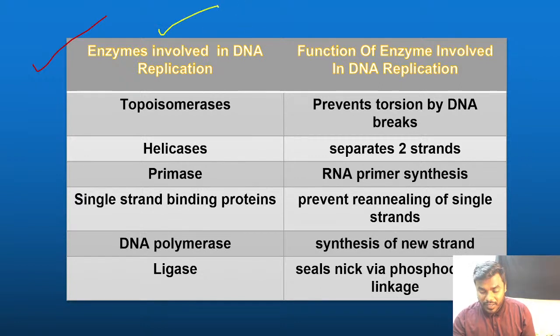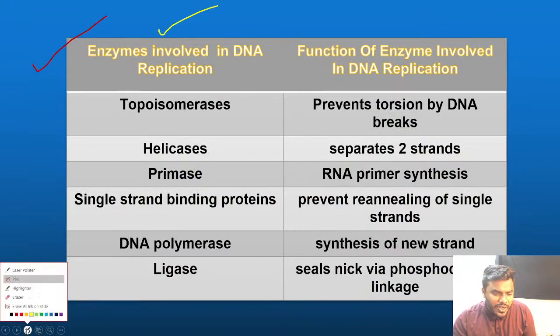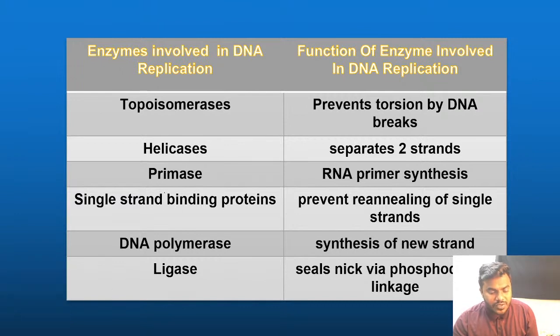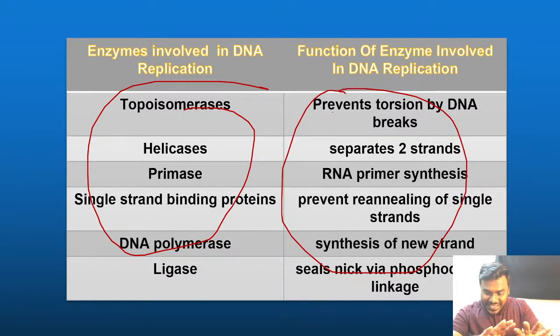So friends, now we are going to read the enzymes involved in the process of replication. Most of the students just read all the enzymes and their functions and then leave it. That is not how you have to prepare for the CSIR exam. When you are reading one particular enzyme, you have to read it very briefly, starting from structure.